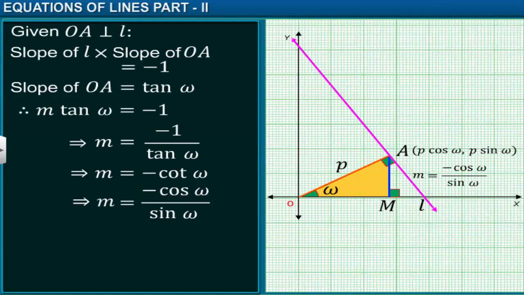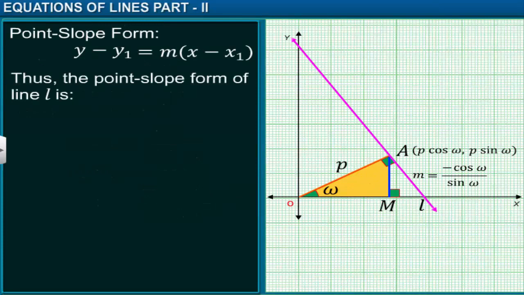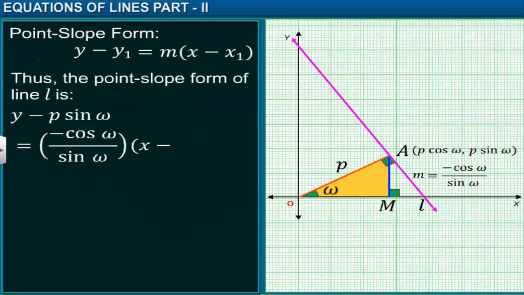We already know the point slope form of the equation of a line with slope M passing through a given point (x1, y1). Substituting the values of slope M of the line and the coordinates of point A in the point slope form, we get this.